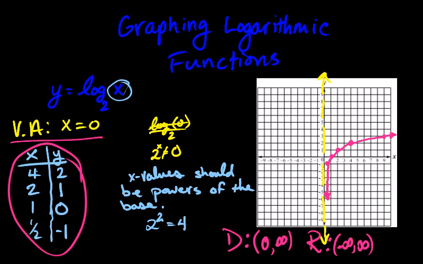Okay, so let's try to make it a little bit more exciting. There's a function, the graphing form, or a general form, let's call it that, would look like this: y equals a times log base b of x minus h, plus k.